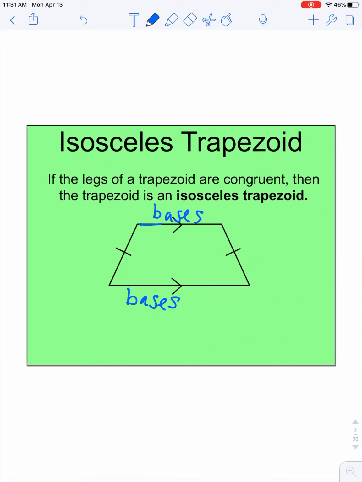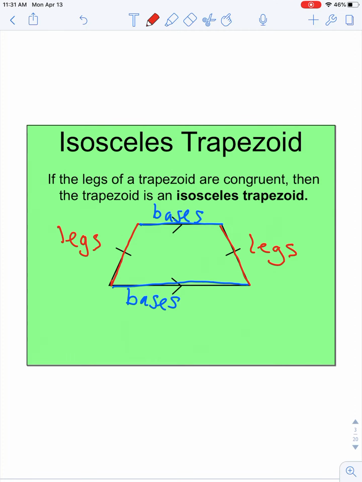Okay, so we call these parallel sides the bases. The legs, okay, are what connect the bases. So these are the legs. So just knowing that the parallel sides are the bases and the non-parallel sides are the legs.